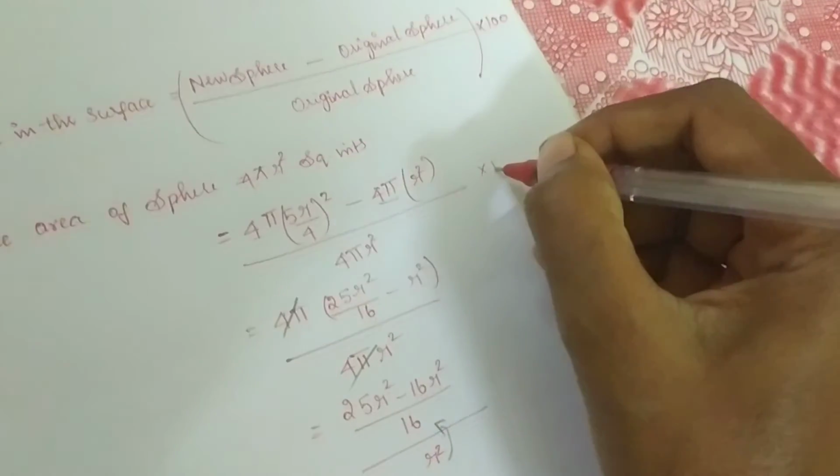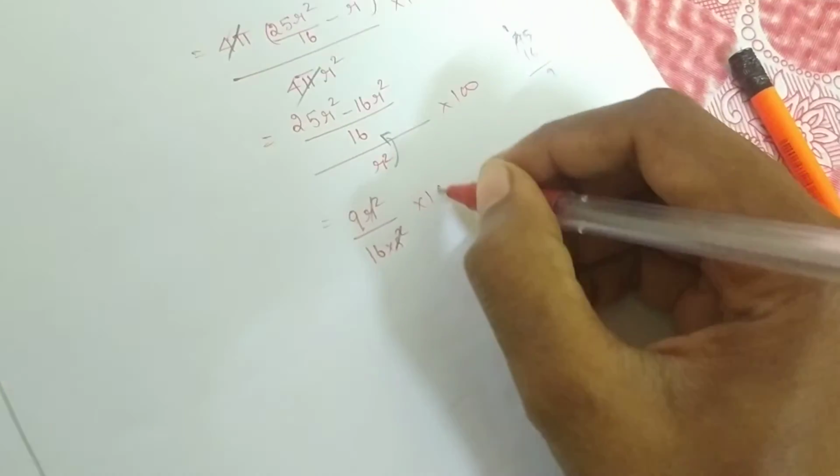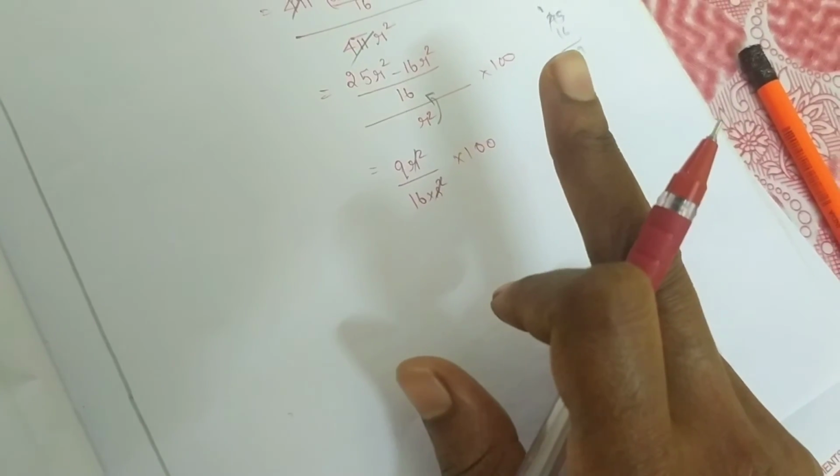So 9 by 16 into 100. Oh, I left out the 100.